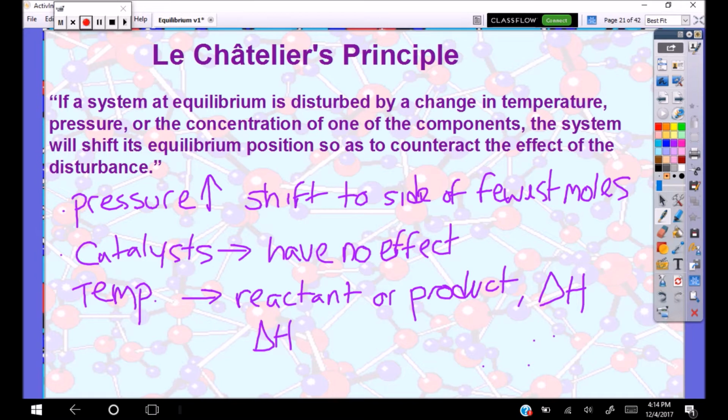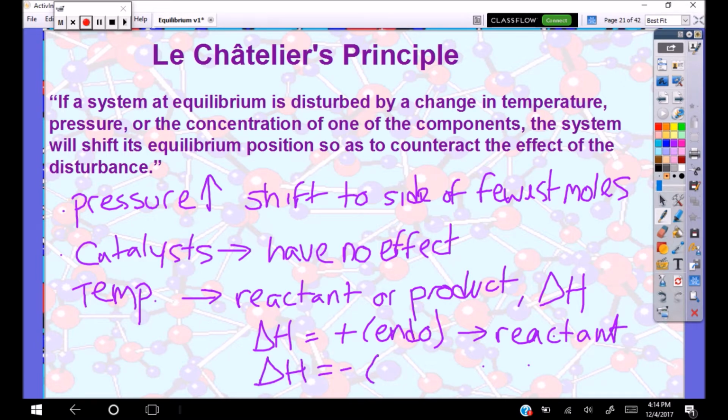If delta H is positive, we know it's endo, and it's going to be considered a reactant. If it's negative, it is exothermic, meaning heat is being given off, and this is our product. Okay, so when we come to our balanced equation, we're going to make sure we rewrite it with our delta H, our heat, as a reactant or product, and then we'll be able to see more clearly how temperature affects it. All right.